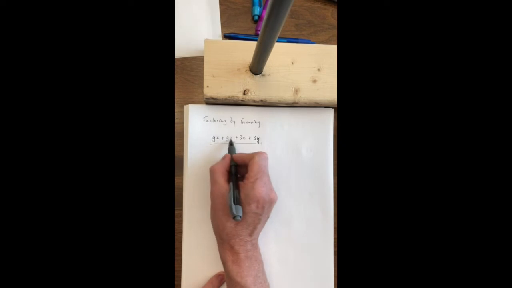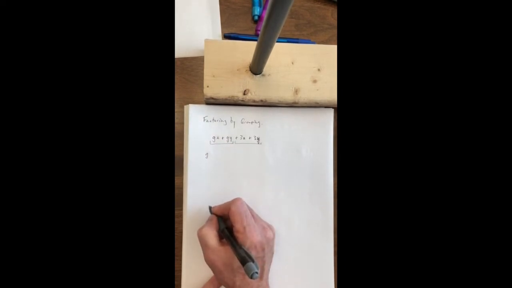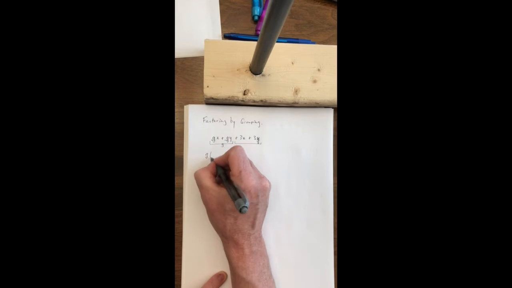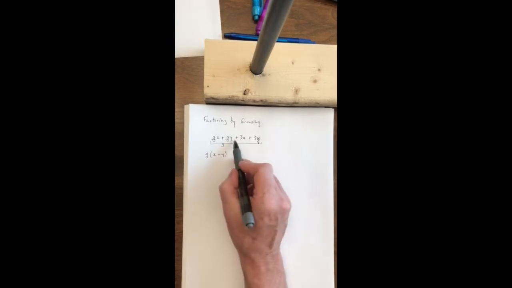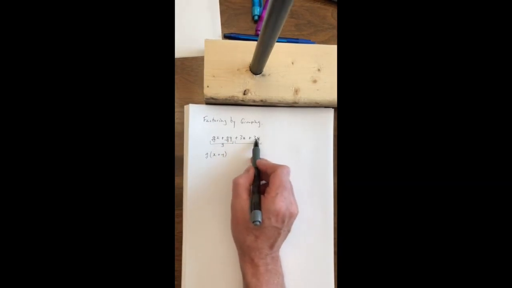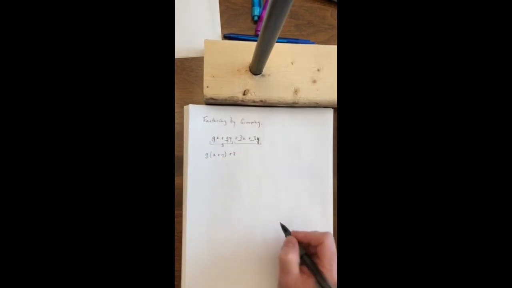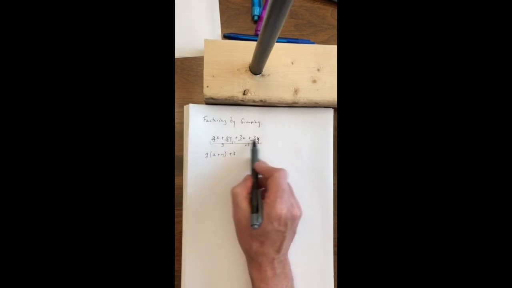Now my greatest common factor of these 2 terms is G. And so if I divide, they both have a G. So if I divide by my greatest common factor, I'm going to be left with an X plus Y. And here, the greatest common factor is my plus 3.